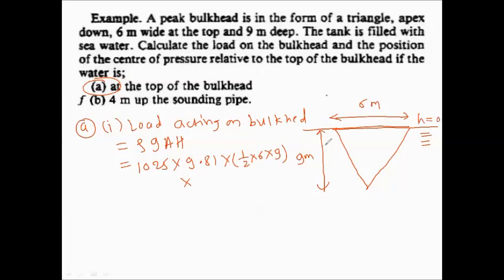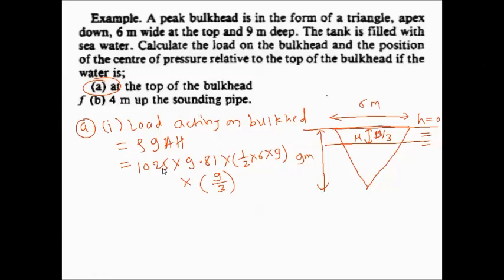In this case, the centroid of the triangle will be at this location, so H will be D by 3. Depth is how much? 9. So it will be 9 by 3. If you solve this, you will get some value.